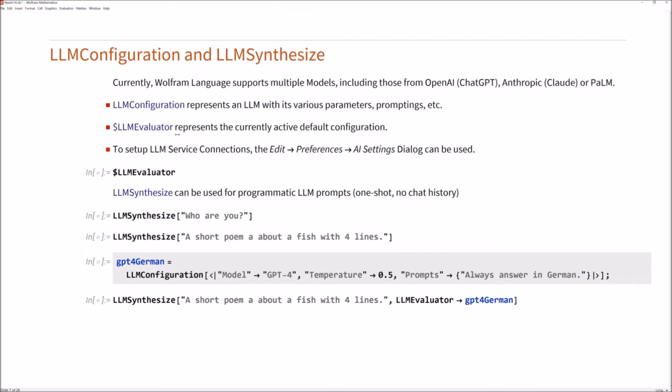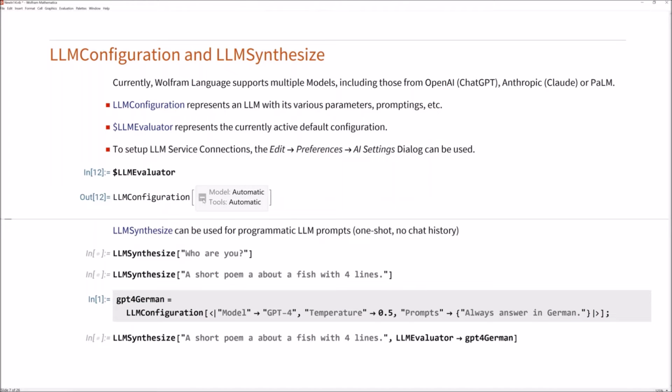The default configuration is visible in the $LLMEvaluator system variable. If we evaluate this here, you can see that the model and tool selection are both set to automatic. So it's basically what we configured in the preferences dialog.